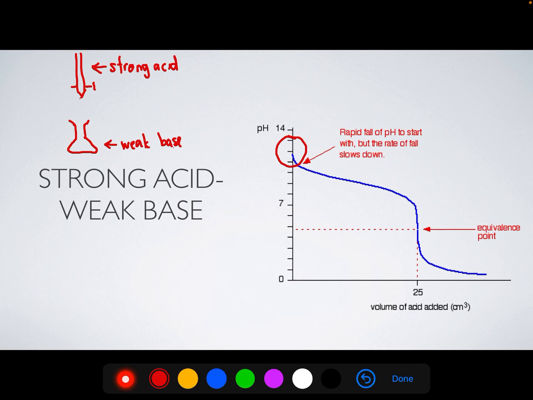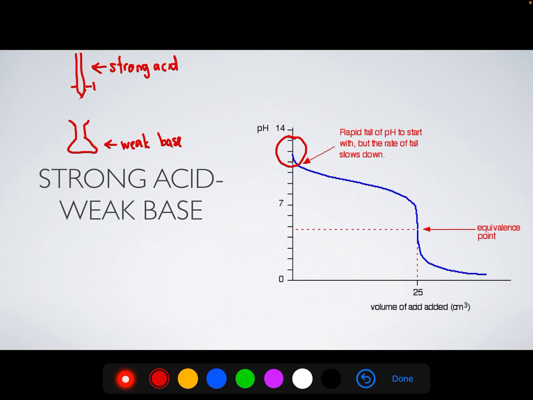But now because inside the conical flask is weak base, so kita akan start dengan pH yang tinggi. However, selalunya pH-nya tidaklah tinggi sampai 13 ataupun 14, kerana yang ada dalam conical flask ni ialah weak base. So weak base ni biasanya pH dia tidak begitu tinggi. Alright. So that will be the starting point of our titration curve.